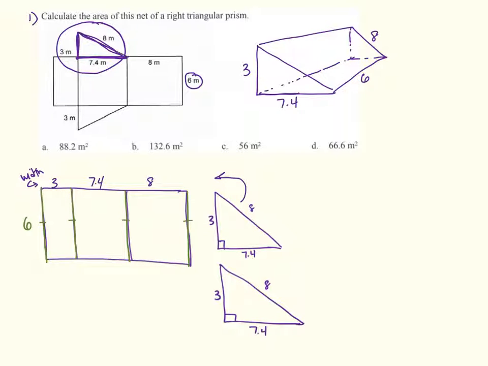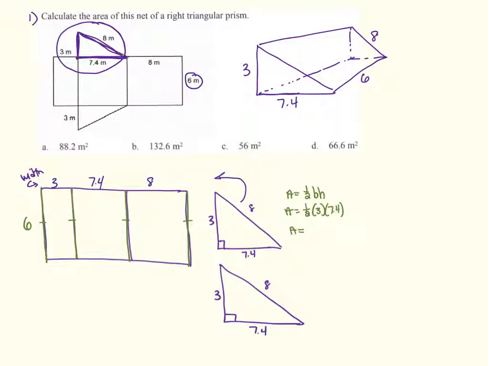Now remember, when you're calculating the area of a triangle, once you multiply the base times the height, you have to take half of it. So we're going to multiply 3 times 7.4 and then take half. Once you find the area for this one triangle, it's going to be the same exact area for the second triangle.